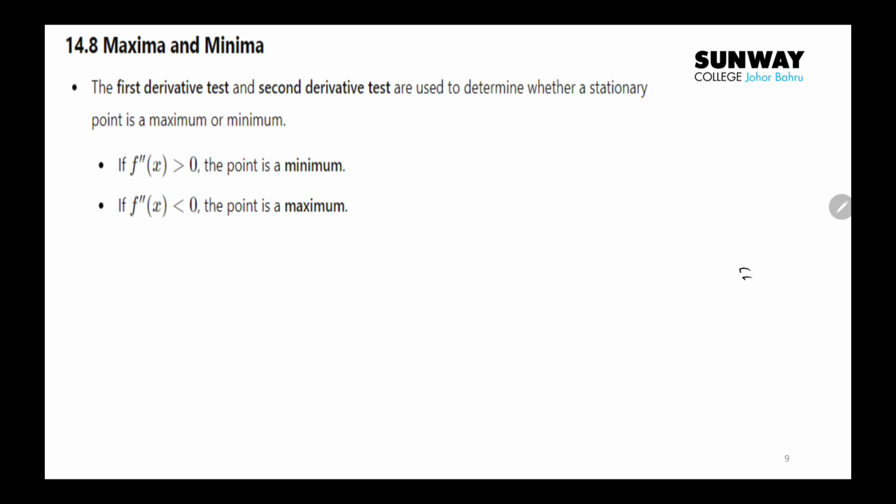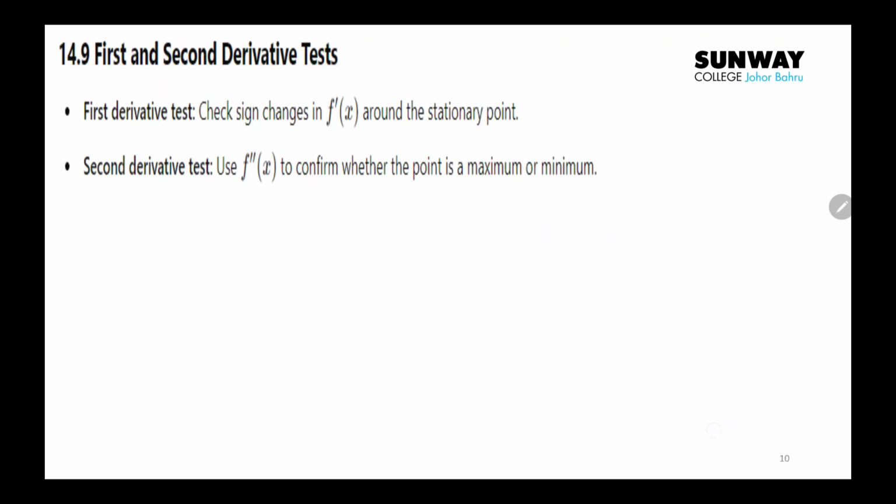The first derivative test and second derivative test can be used to figure out whether a stationary point is a local maximum or local minimum. After you conduct the second derivative test, if you substitute the values in and the value is bigger than 0, then that point is a local minimum. If that value is smaller than 0, then it's a local maximum.